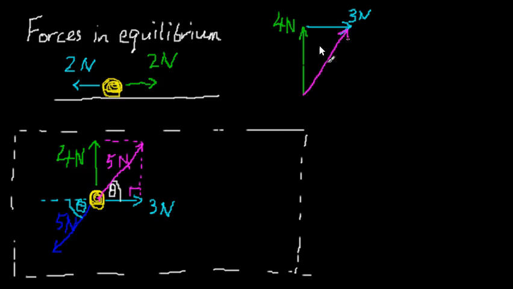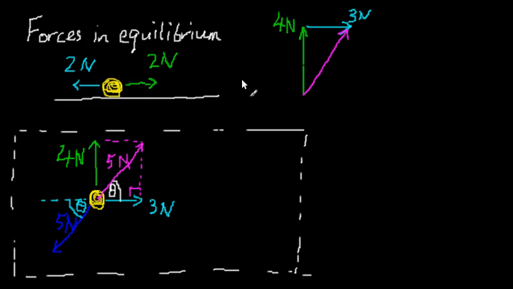If you compare this triangle with this half of the rectangle, you find that this triangle is really the same as this half of the rectangle. And that's the simple reason why this method works, because it's basically the same thing as doing the rectangle, but I'm just drawing this triangular half of it.